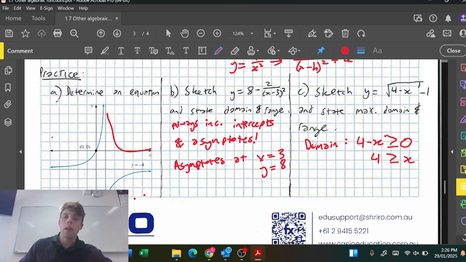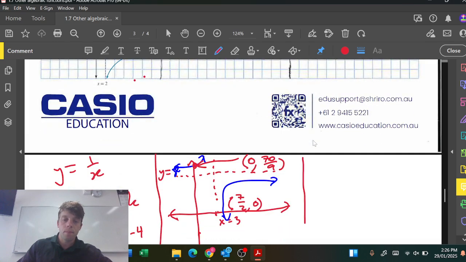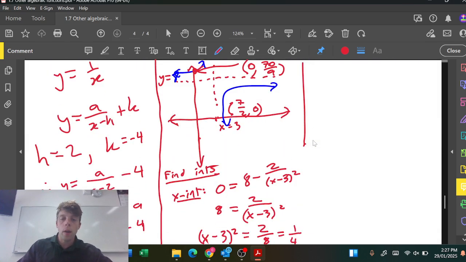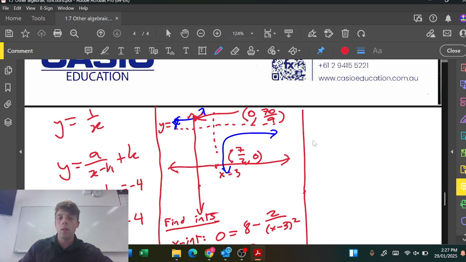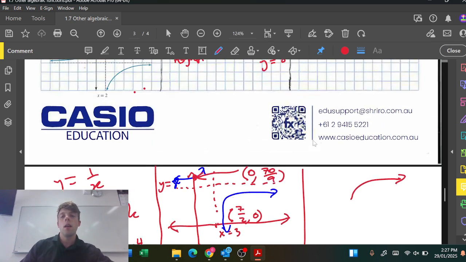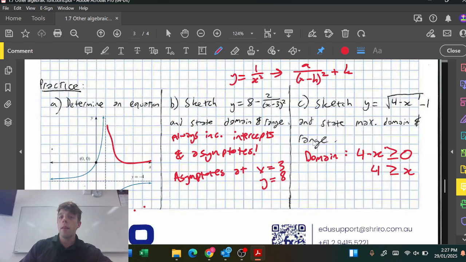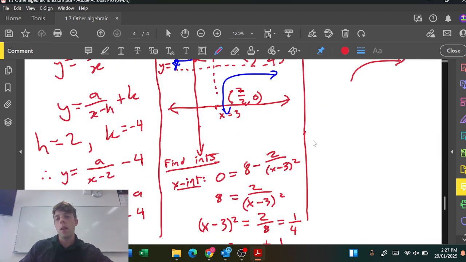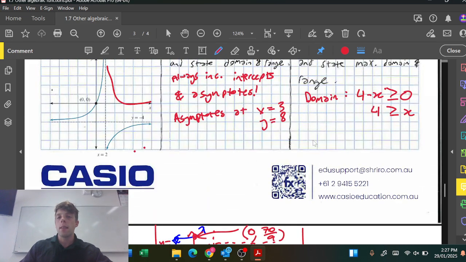Okay, so now let's sketch this function. We remember that a square root function kind of looks something like this, like a sideways parabola. There's no negative sign out the front, so it's not going to be underneath. However, there's a negative sign in front of the x, so it's defined for all values of x that are less than or equal to 4.